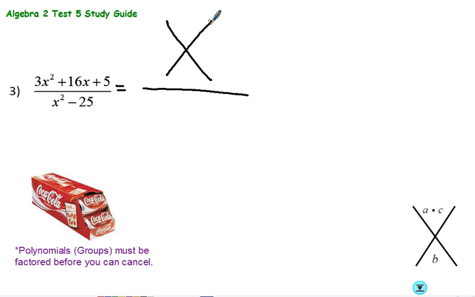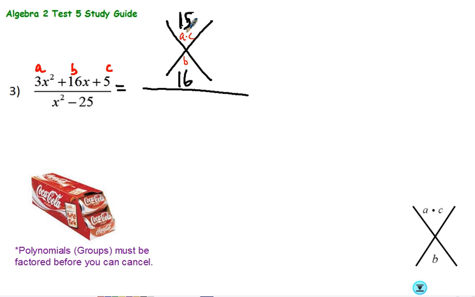On the top there's your A, B, and your C. So we're looking for two numbers that multiply to 15, and we want those same two numbers to add up to 16.